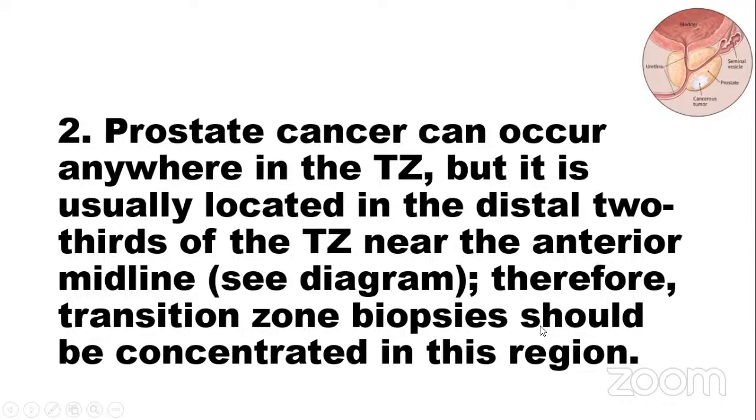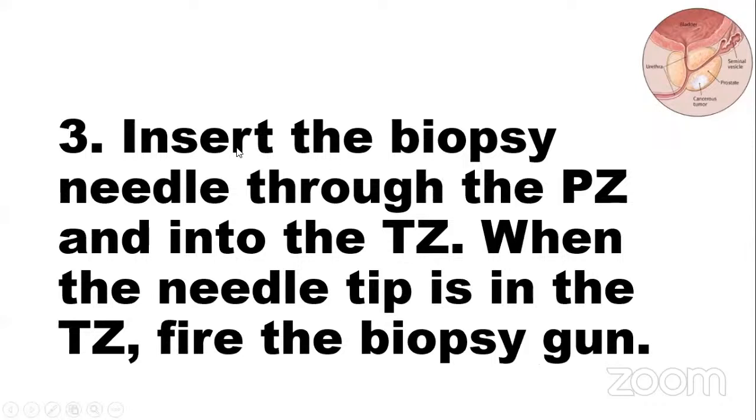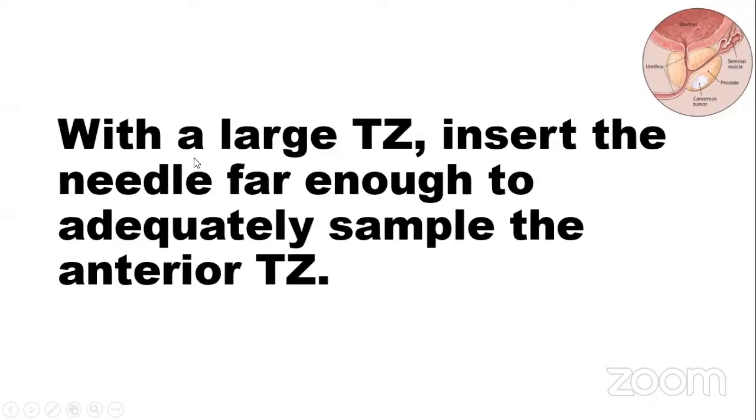Therefore, transitional zone biopsy should be concentrated in this region. Insert the biopsy needle through the peripheral zone and into the transitional zone, and when the needle tip is in the transitional zone, fire the biopsy gun. With a large transitional zone, insert the needle far enough to adequately sample the anterior transitional zone.